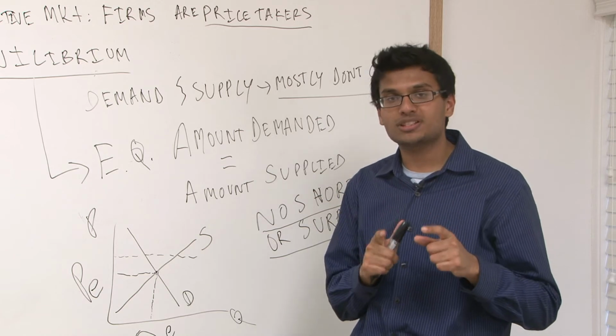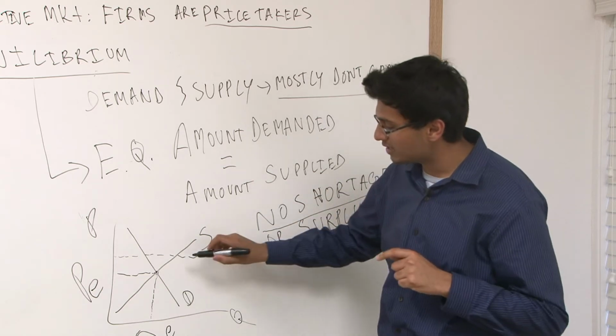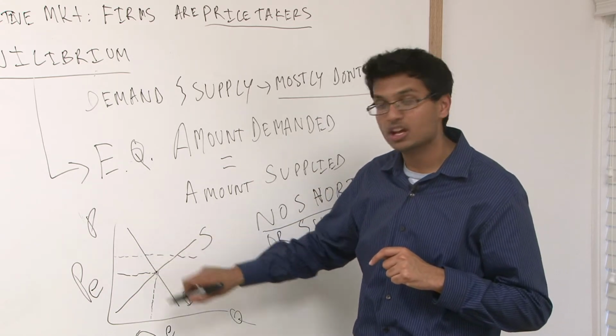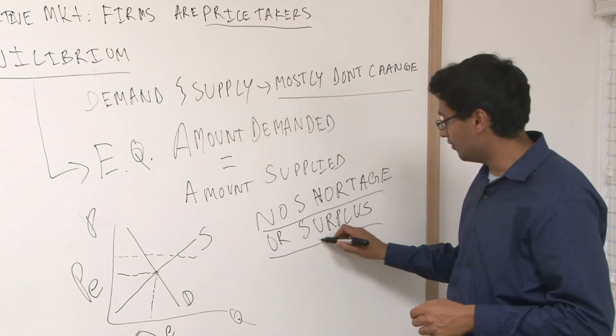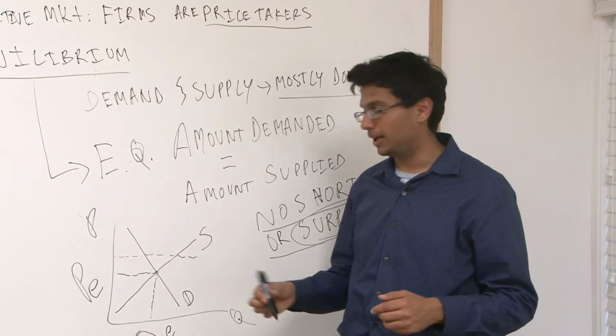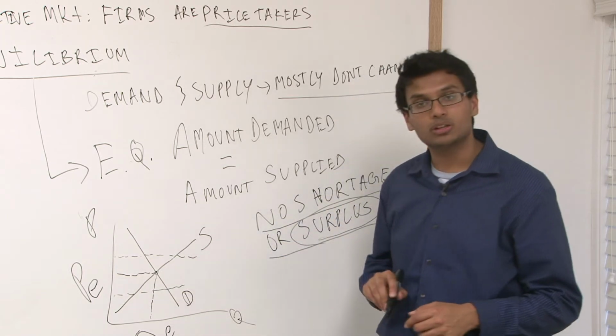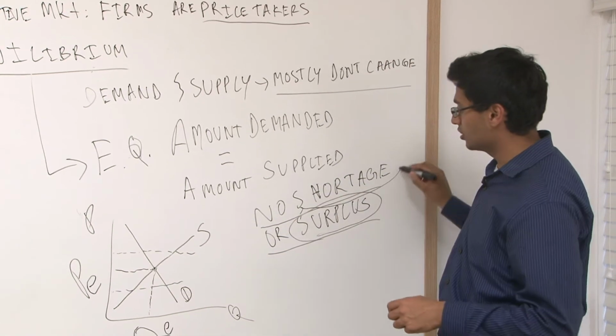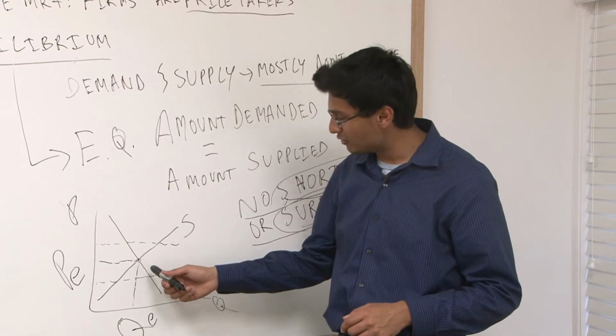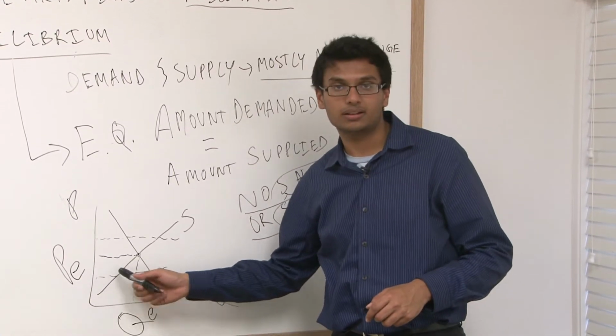For those of you who guessed it's surplus, you're right, because the quantity supplied is greater than quantity demanded. So there's a surplus of the goods. At a price that's lower than the equilibrium price, there is a shortage of goods, okay? Because the amount demanded is greater than the amount supplied.